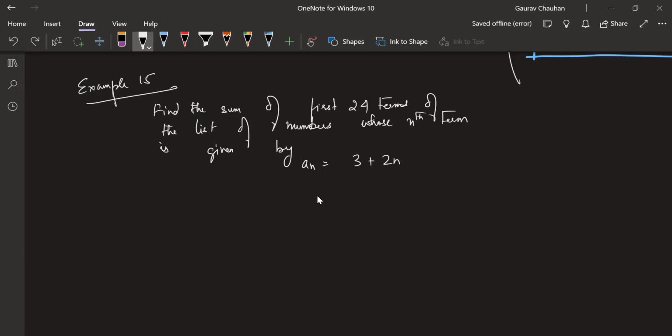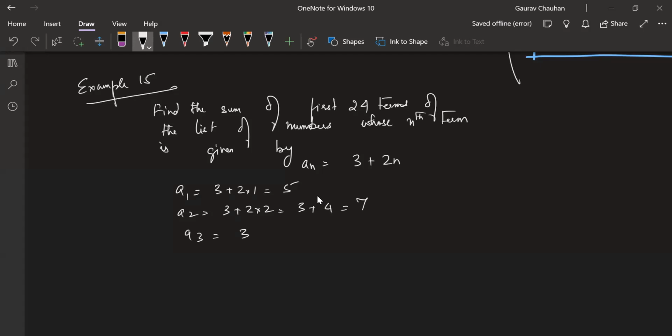They are giving us the nth term, which means they are actually giving us the AP only, because I can find the first term like this. A1 is equal to 3 plus 2 into 1, that's equal to 5. In place of n, I'm putting 1. A2 is equal to 3 plus 2 into 2 is equal to 3 plus 4 is equal to 7.